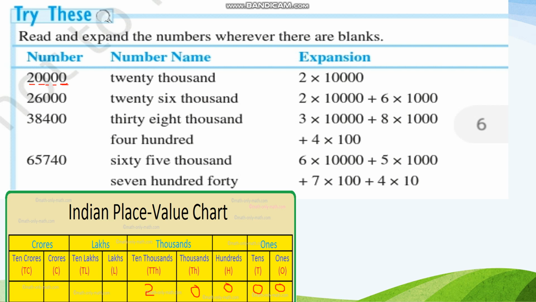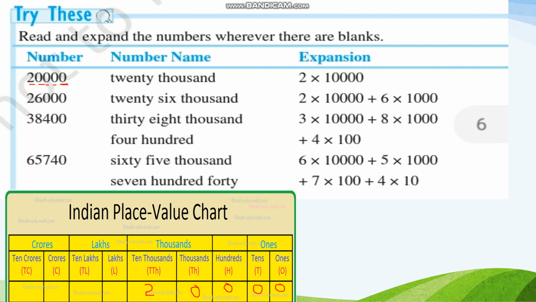Okay, dears. Now look at this place value chart and tell me how we can read it. 2 in the 10,000s place, and the 10,000s place and thousands place together come in the thousands period. When we are reading numbers, we take periods together.